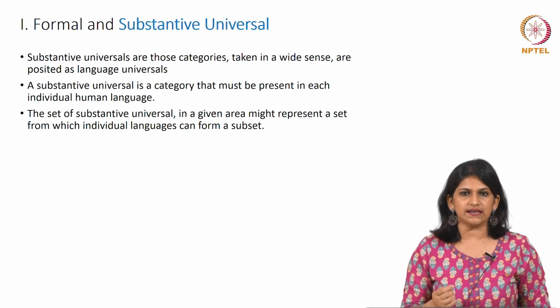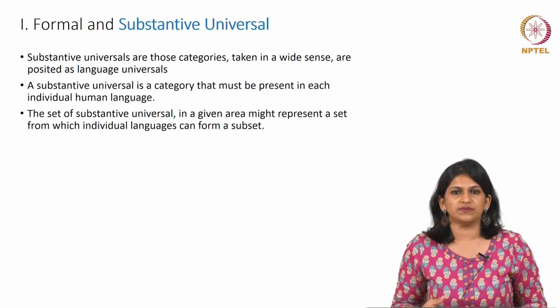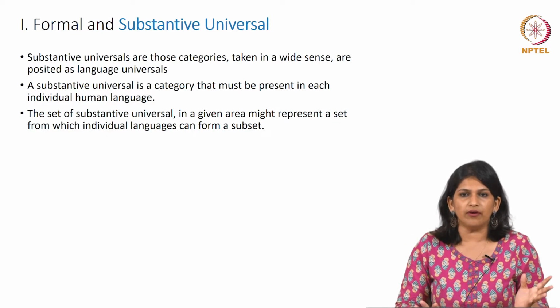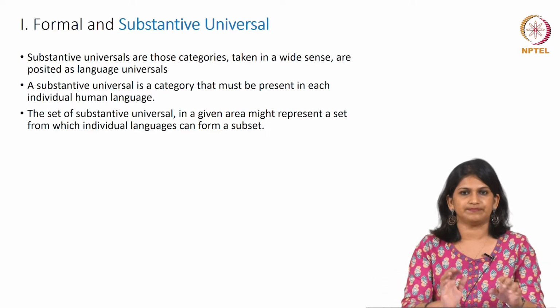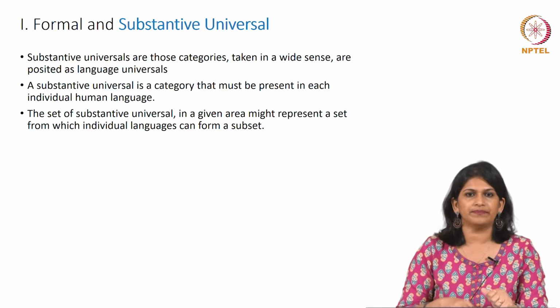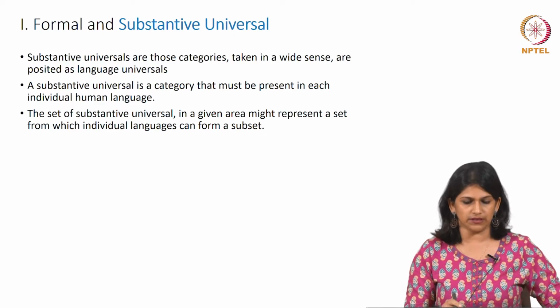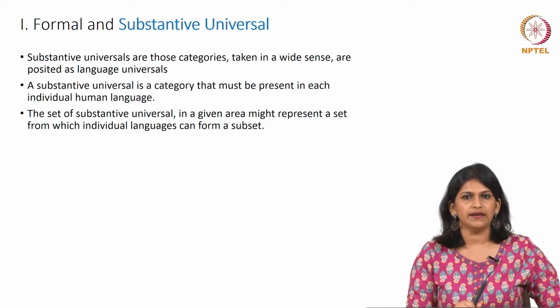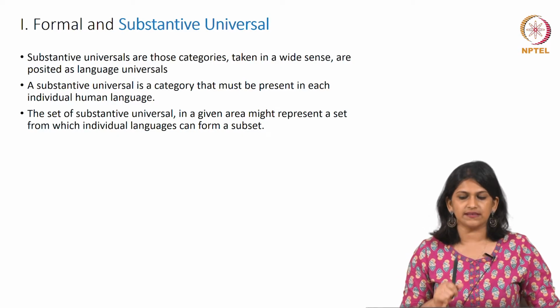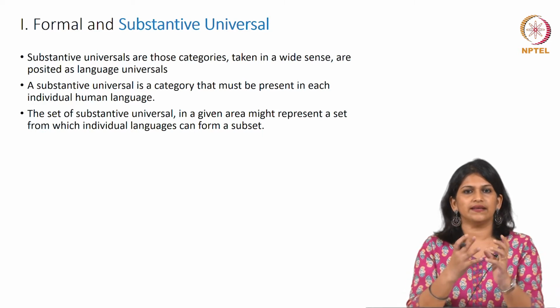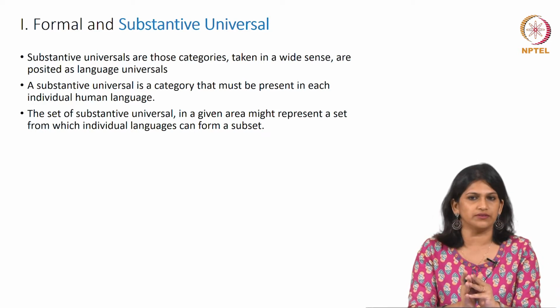Let us see what the distinction is which will help us differentiate the formal ones from the substantive ones. So, let us say substantive universals. The first point to remember is that substantive universals, when you take them in a wide sense, are considered language universals.